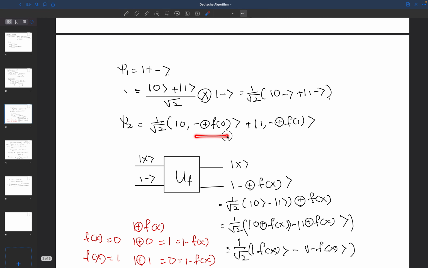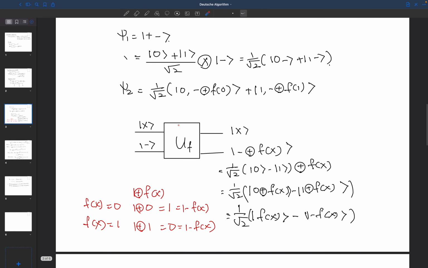Now we need to evaluate this. Let's look at this configuration. x and input y is minus, and we'll get x and y minus plus f(x), right? Which is these two terms here.